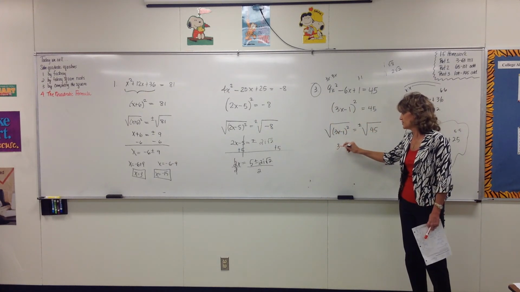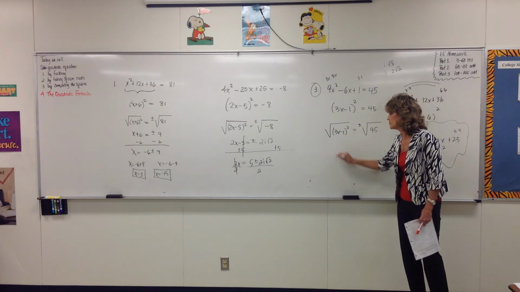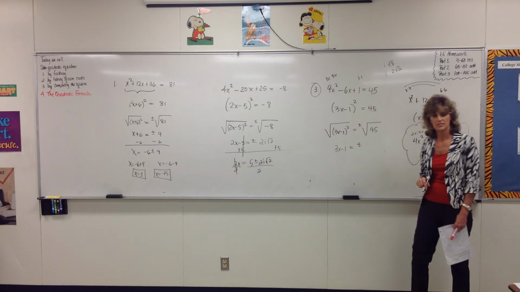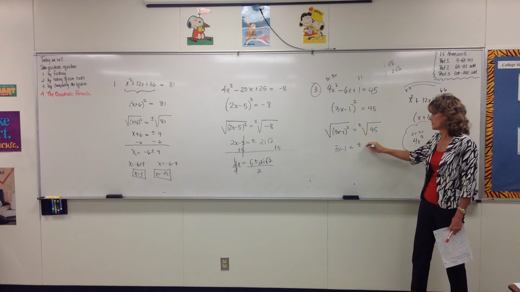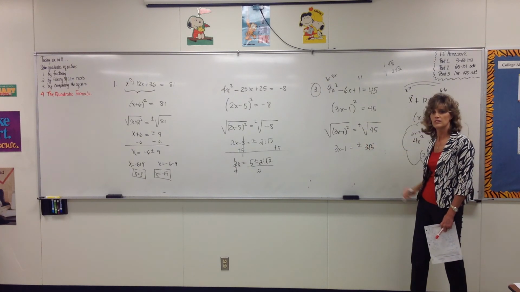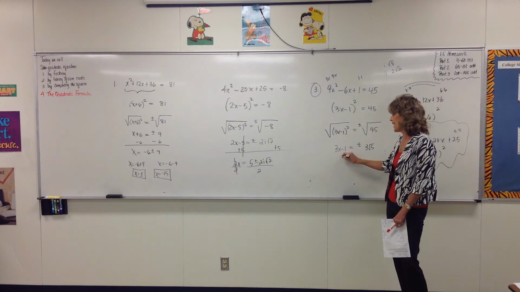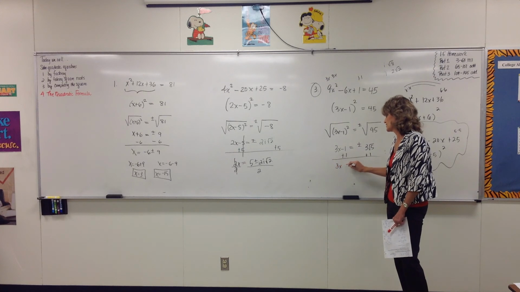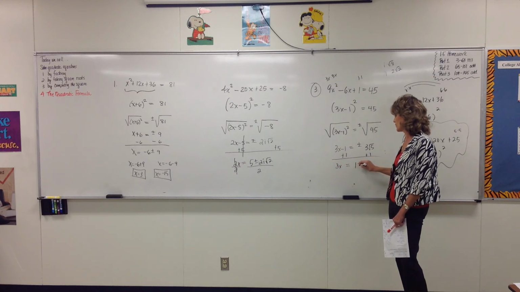3x minus 1 equals plus or minus 3 square root of 5. And then add 1. So 3x, start here, is 1 plus or minus 3 square roots of 5.